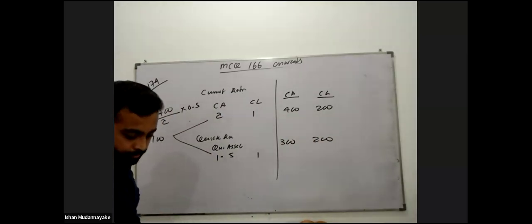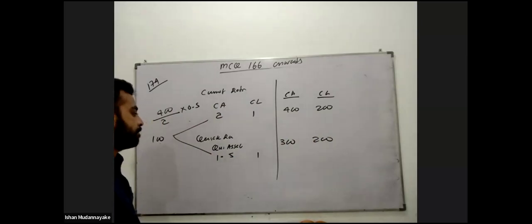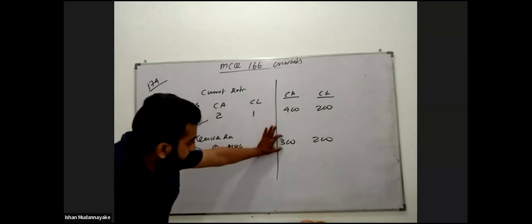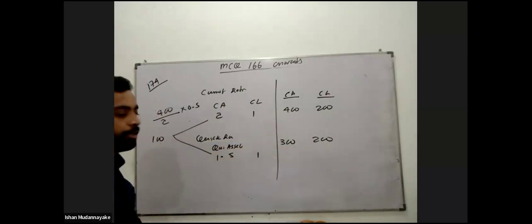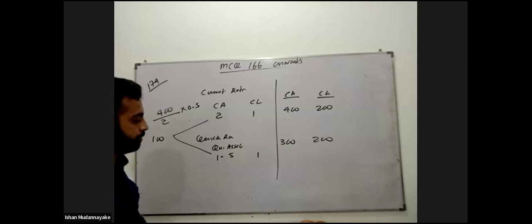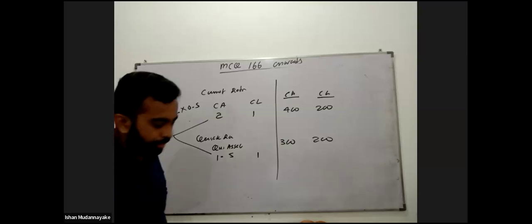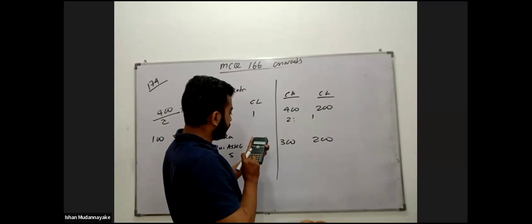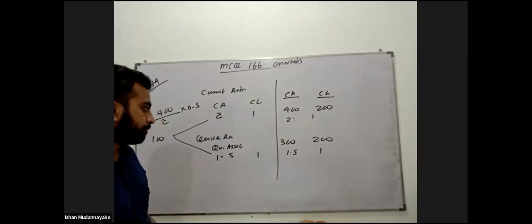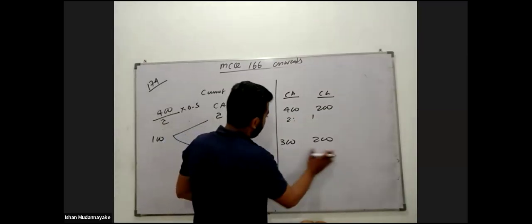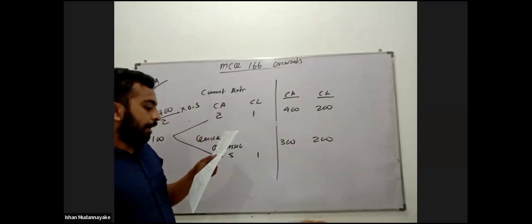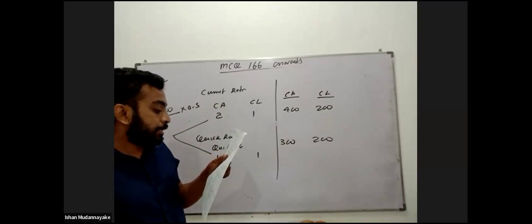So 300 divided by 200 is 1.5. Later revealed that the purchase invoice of 50 has not been recorded.